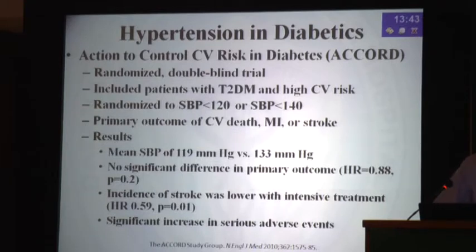The results included that the mean systolic BP attained was 119 in one arm versus 133 in the other arm. They did not observe any significant difference in the primary outcome. The incidence of stroke was lower with the intensive treatment, but there was a significant increase.